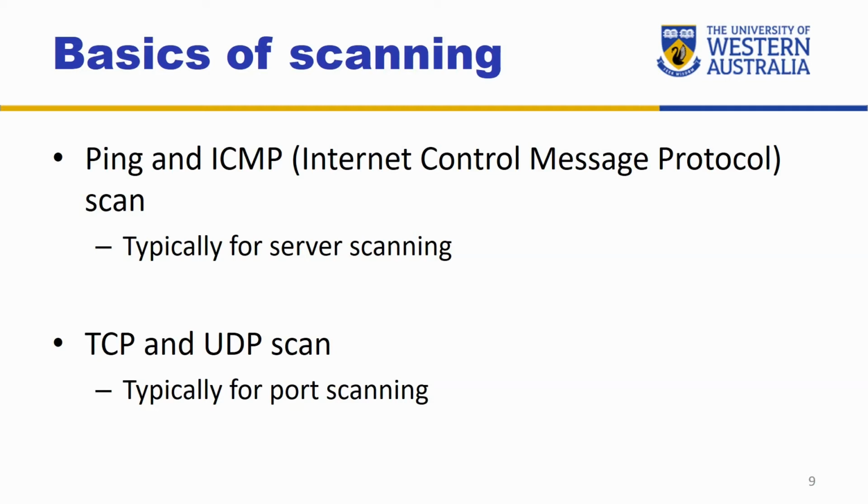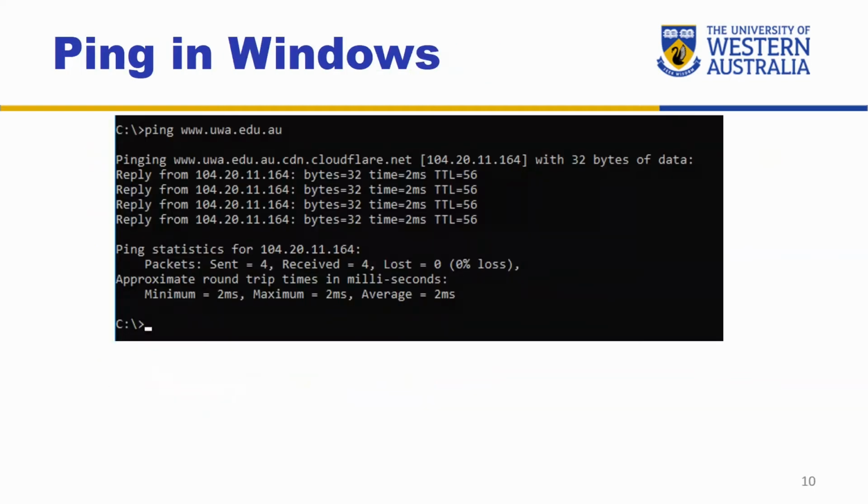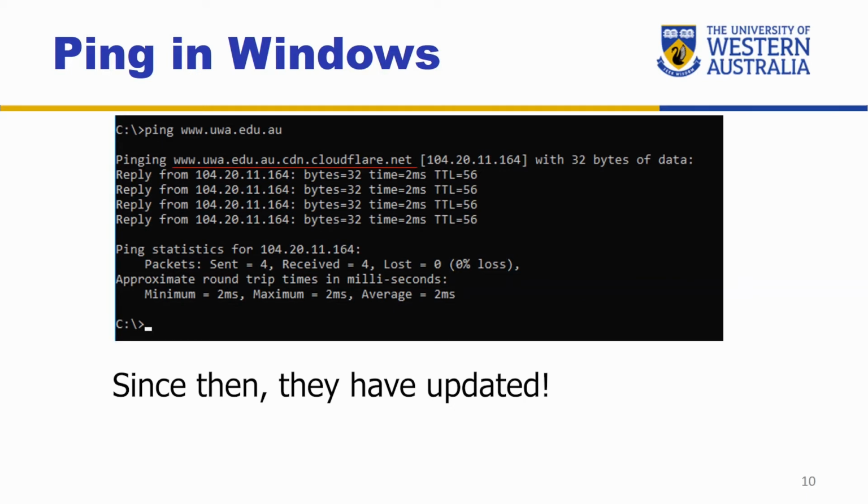The next thing we can go for is TCP and UDP scans. This is where port scanning comes in. For example, we can ping our university web. It will tell you exactly where the ping is directed. It's not directly pinged to the uwa.edu.au, but rather a bit longer name. That's where the UWA website is hosted, and it also provides you the IP address of where that is.